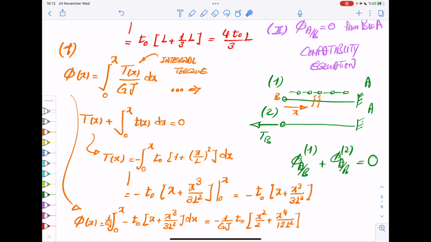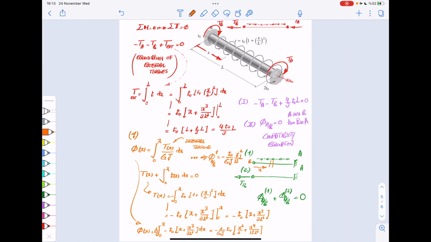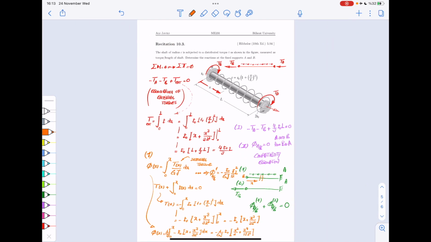So basically what we get is phi from system 1, phi of A with respect to B, equals minus T0 divided by GJ times 7 over 12 L squared. All right, so this is from the first system here.